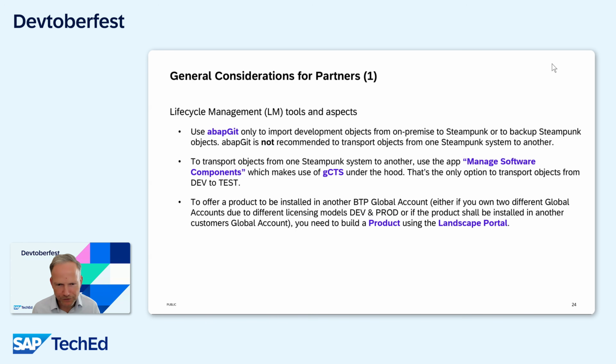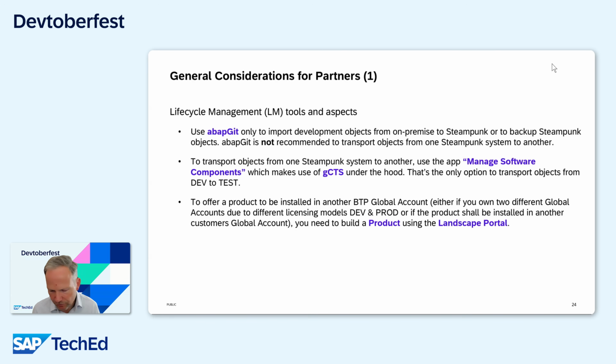So this small g means there's really a Git approach underneath, and currently it's a hidden Git repo, but there's also an option to use bring your own Git. And again, this is just to transport between Steampunk systems within the same global account of the partner.